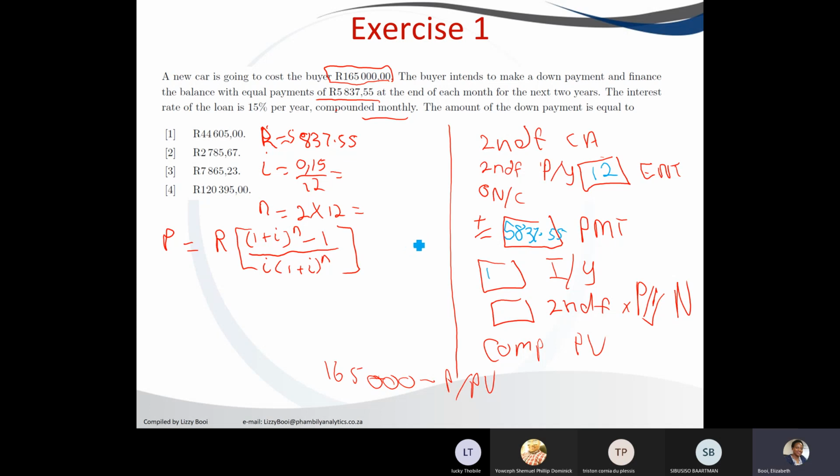Interest, we put it the same way as it is, which is 15, and the period says 2 years, so that will be 2. You compute the value, subtract that answer from 165, and that will give you option number 1.